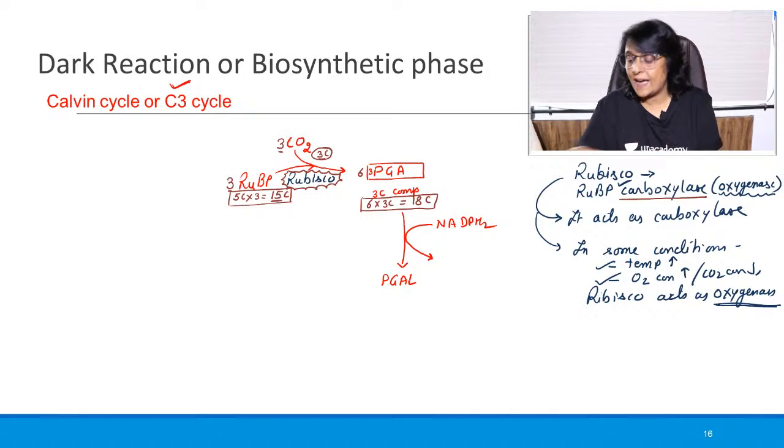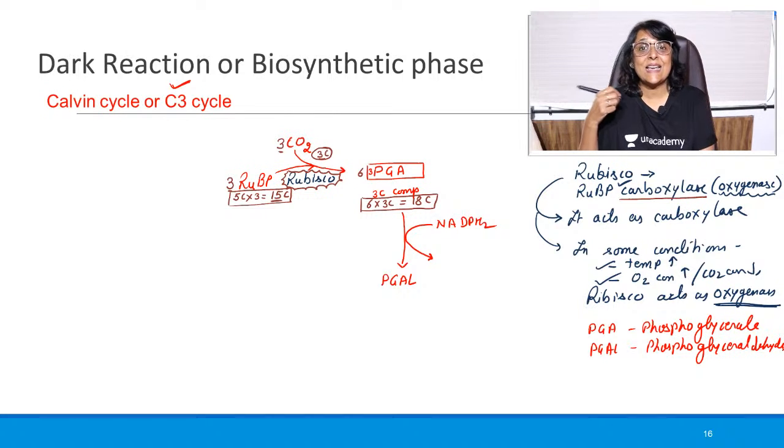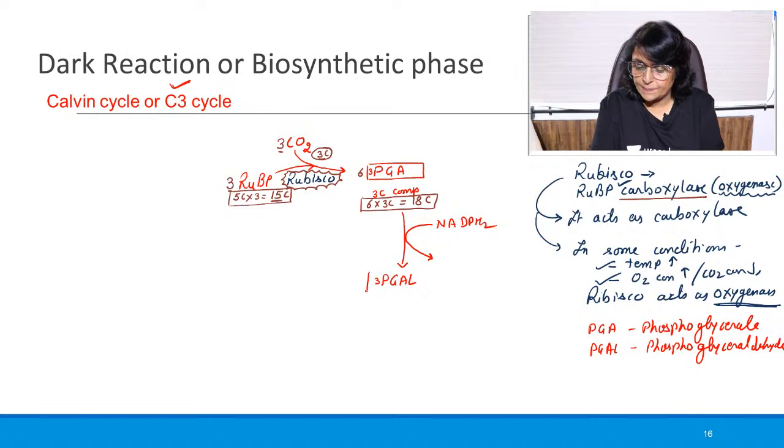PGAL, aldehyde. So this PGA is phosphoglycerate, and PGAL is phosphoglyceraldehyde. So acid is getting reduced into aldehyde and the phosphate is on the third carbon.